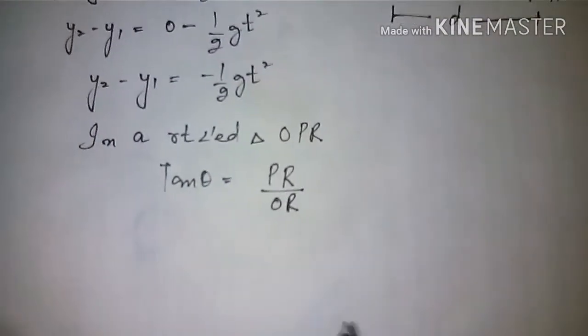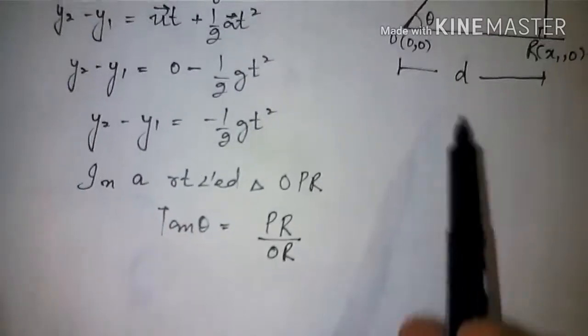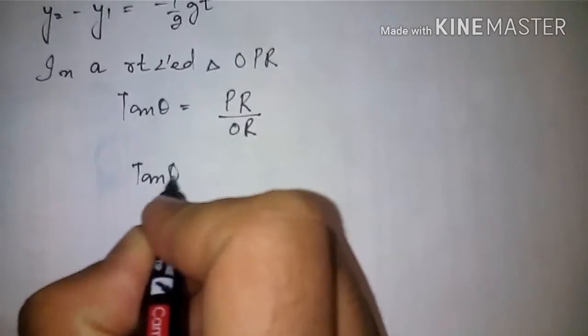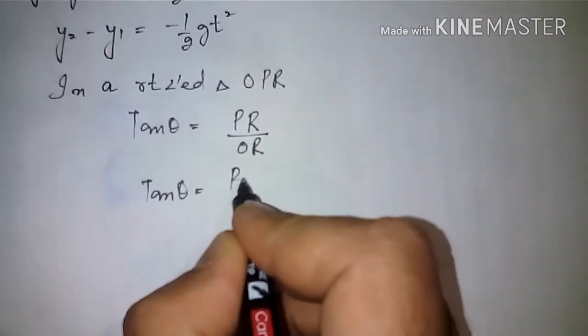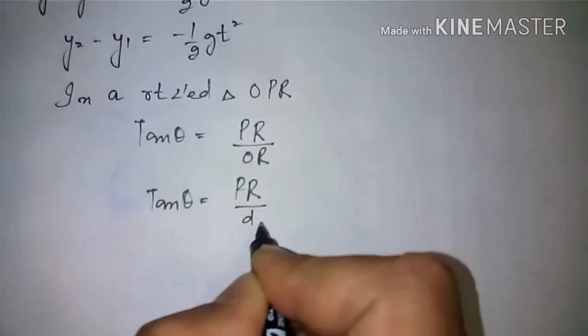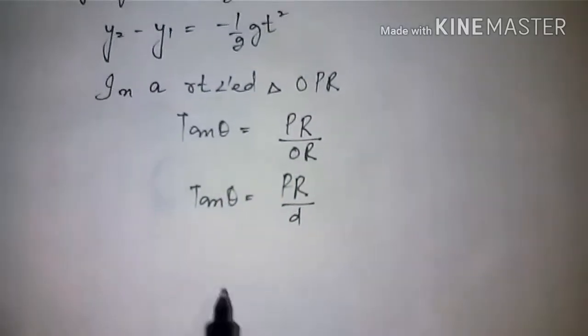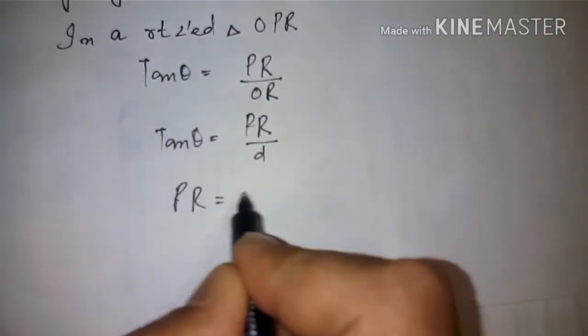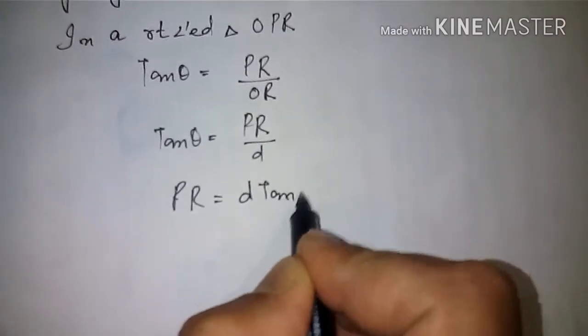Since we have already called OR as d, I'm going to write tan theta equals PR over d, which leaves me with the solution that PR will be equal to d tan theta.